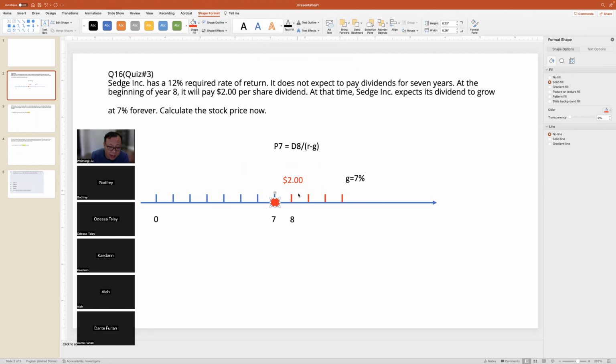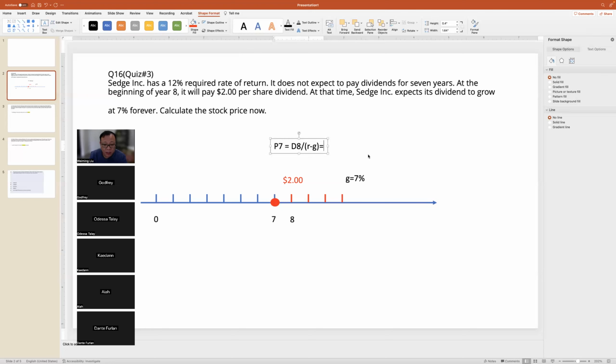I can translate all these perpetuity cash flows into a present value at year 7. The price at year 7 is the year 8 dividend, $2, divided by R, 12%, minus g, 7%. That is 2 divided by 5%, which is $40.